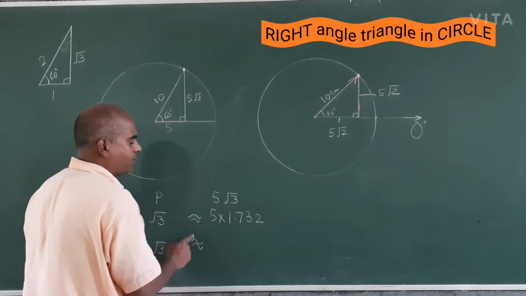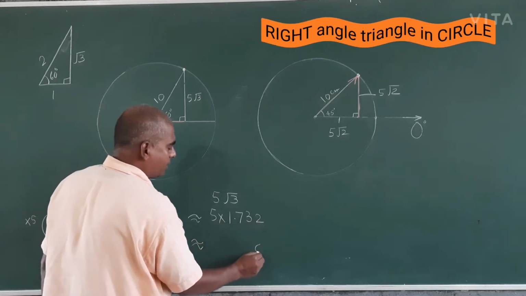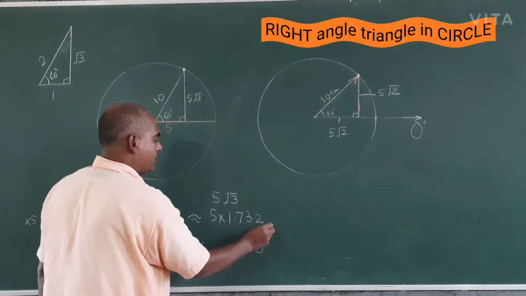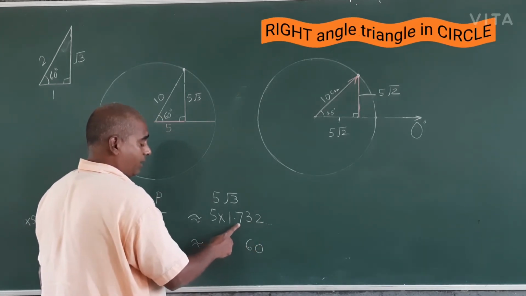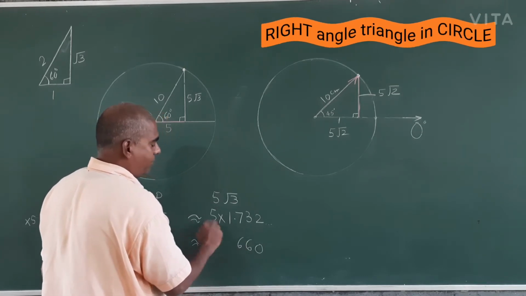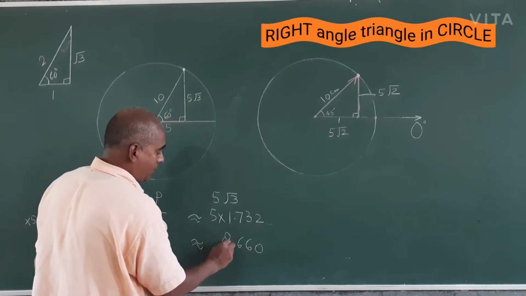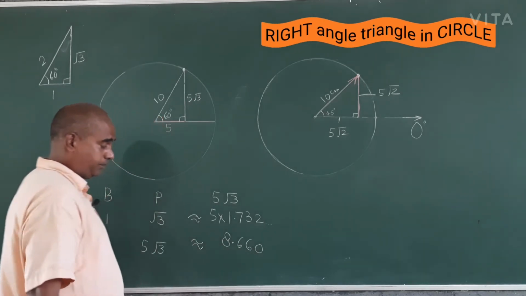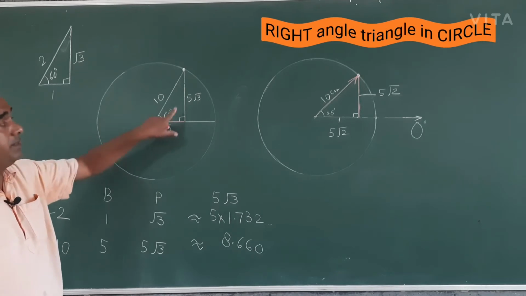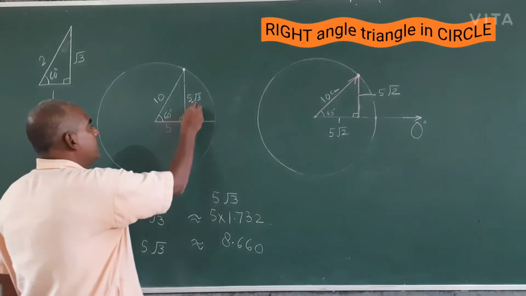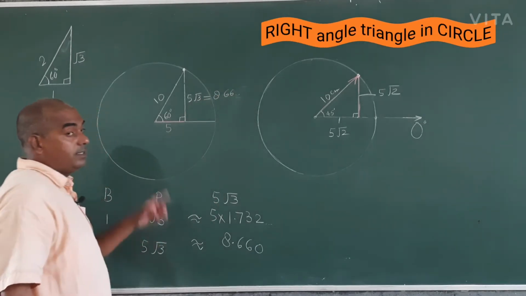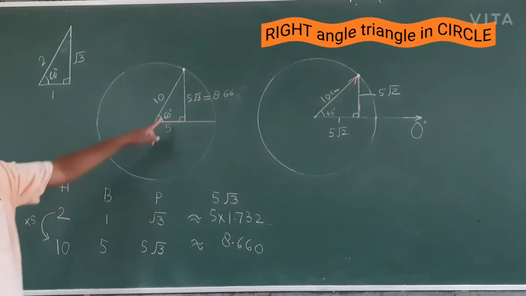This is the symbol of approximate. 5 times 1.7321 gives 8.6605, so 8.66 and so on. Just measure it. If this is 10 centimeter, this is 5 centimeter, this is 8.66. Check whether it is so in your copy for 10 centimeter.